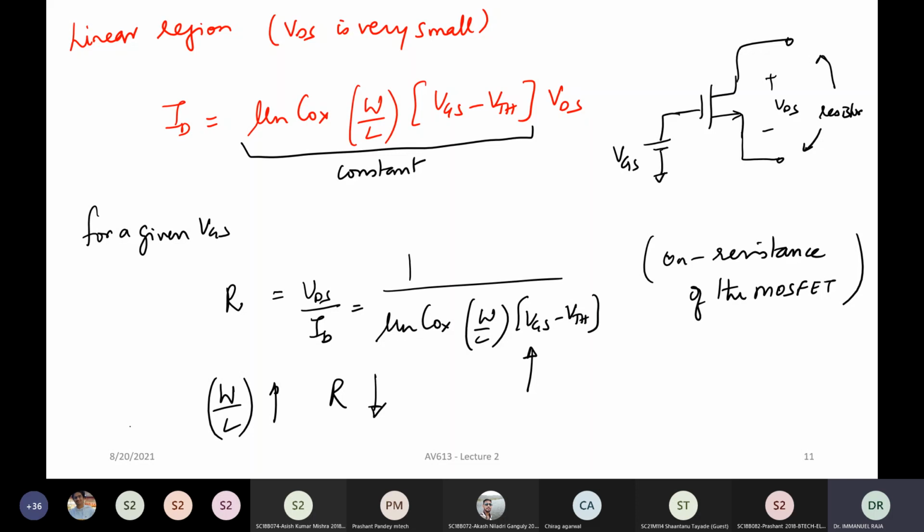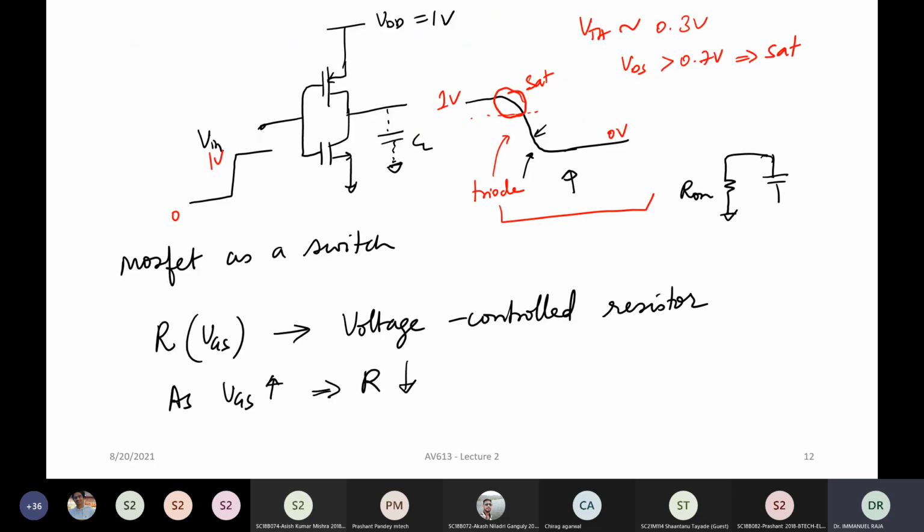There is what is called process variation. There is mismatch variation. So we will come to those things slightly later. But yes, the more precise answer is that R becomes a function of VGS minus VTH. But for a given MOSFET, as the threshold voltage is constant, it varies based on VGS.